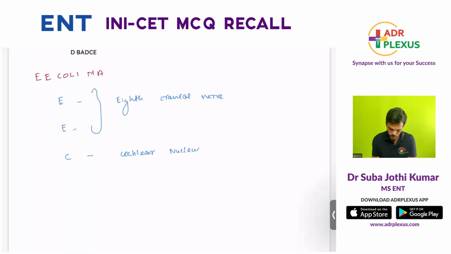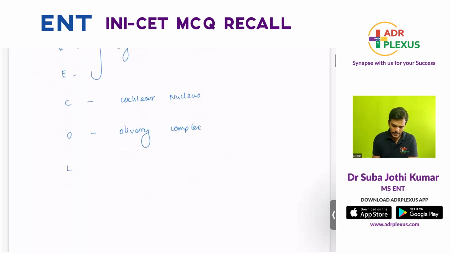First one is, we should always remember this mnemonic E, E, C, O, L, I, M, A. Yes, this holds good. So these 2 for 8th cranial nerve. Here, C for cochlear nucleus. O for olivary complex.